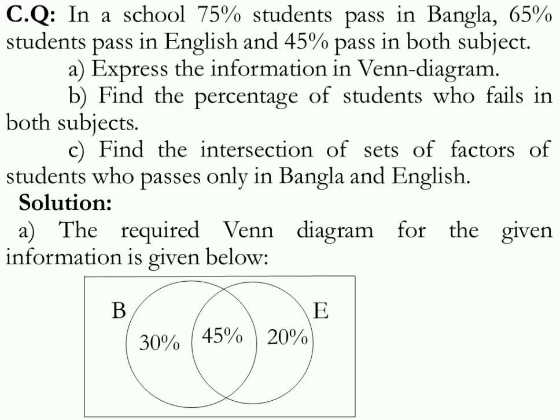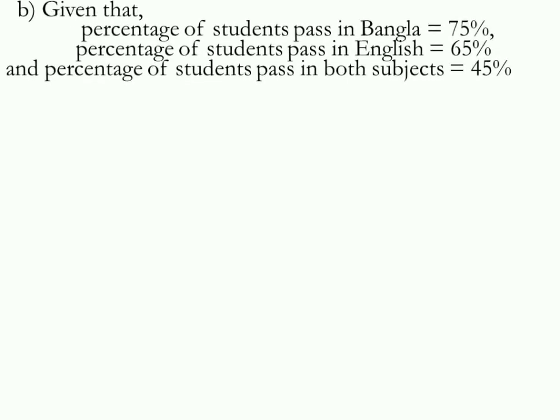So let us go to the next part, that is, find the percentage of students who fail in both subjects. For that, at first we need the percentage of students who pass in Bangla, the percentage who pass in English, and the percentage who pass in both subjects.